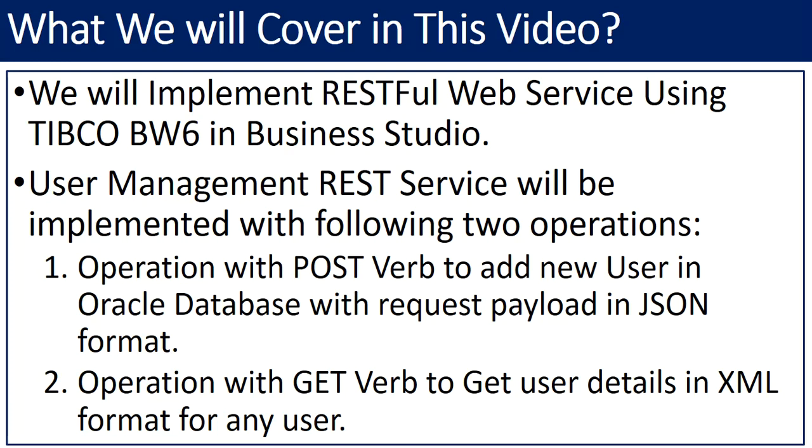And in case of the get operation, we will be expecting a query parameter from the client in the request. And based on the parameter value, we will be getting the data from the database. And in this case, the response that we will be returning back to the user will be in the XML format. So this is how we will be able to see both cases, XML and JSON data, in the payload and in the response.